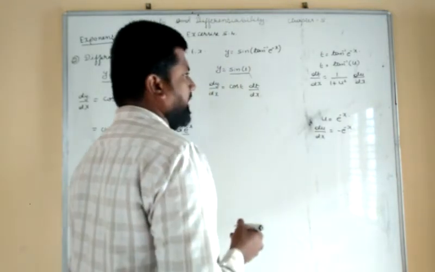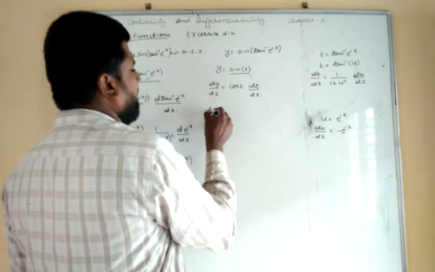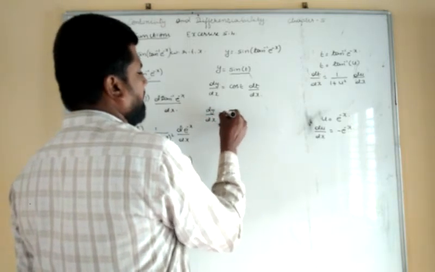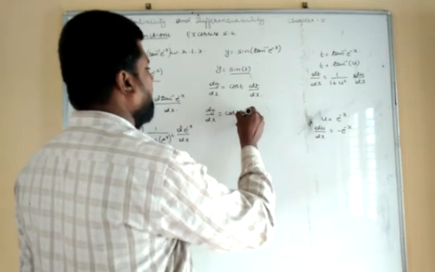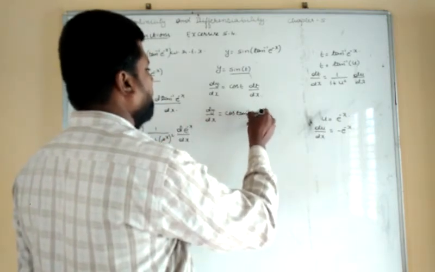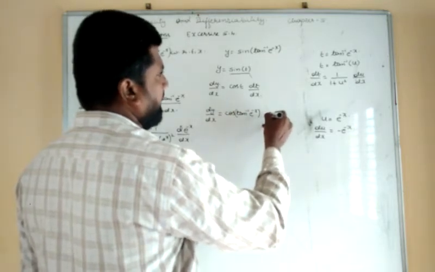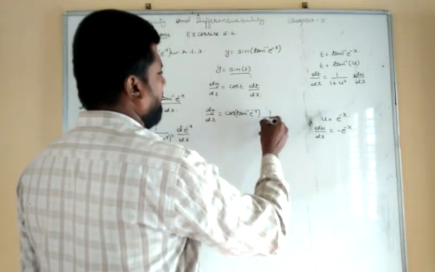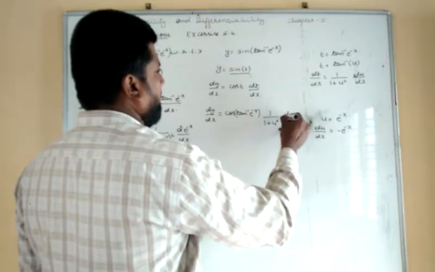Let us substitute here. dy by dx is equal to cos t, where t is tan inverse of e to the power of minus x, then dt by dx means 1 by 1 plus u square into du by dx.